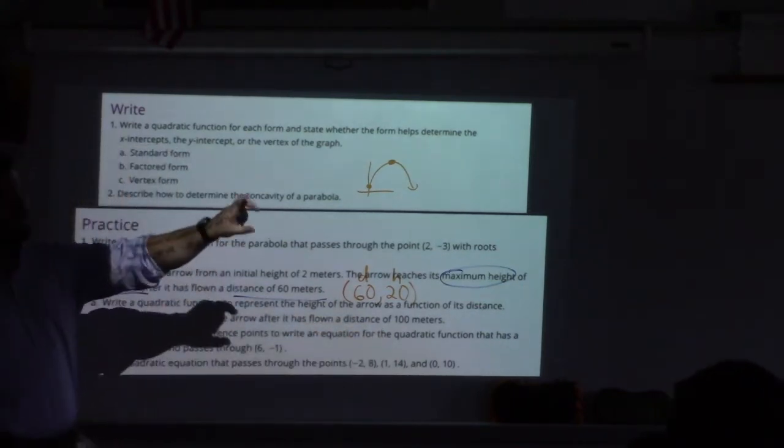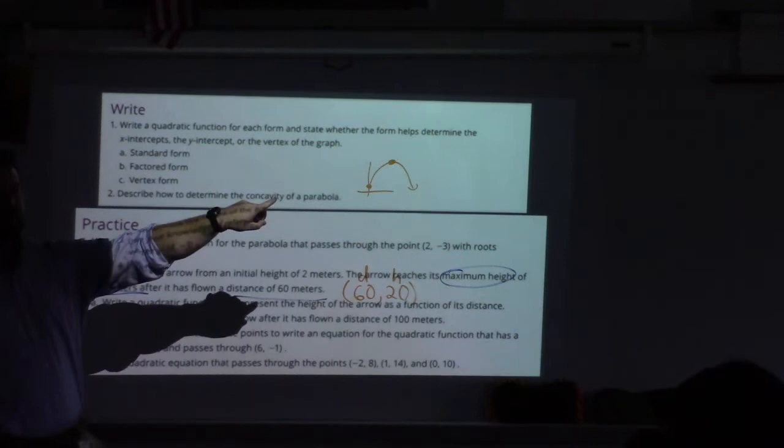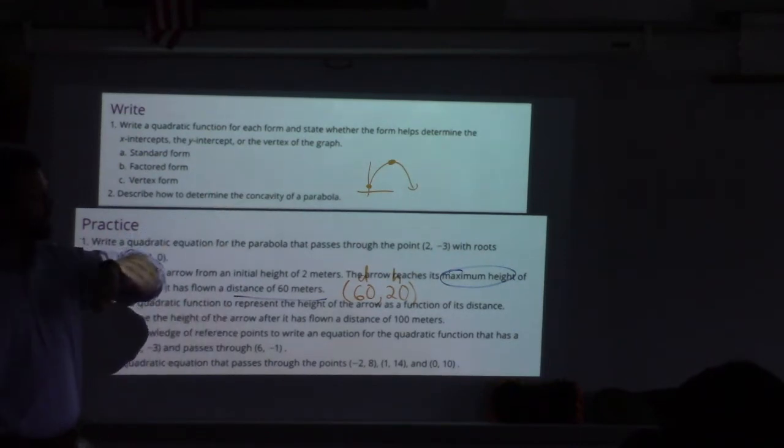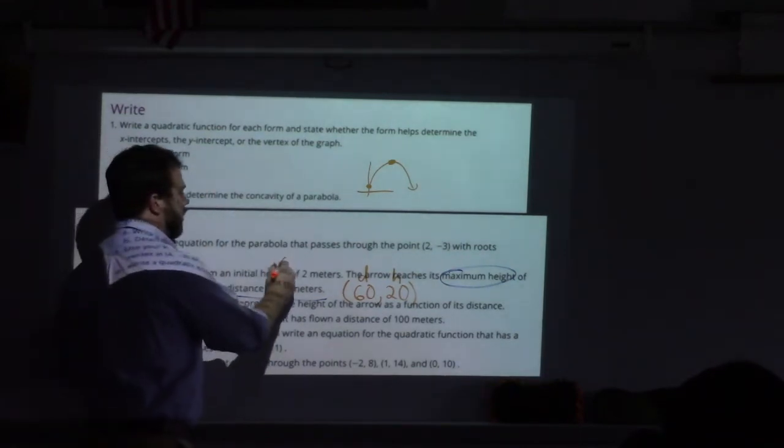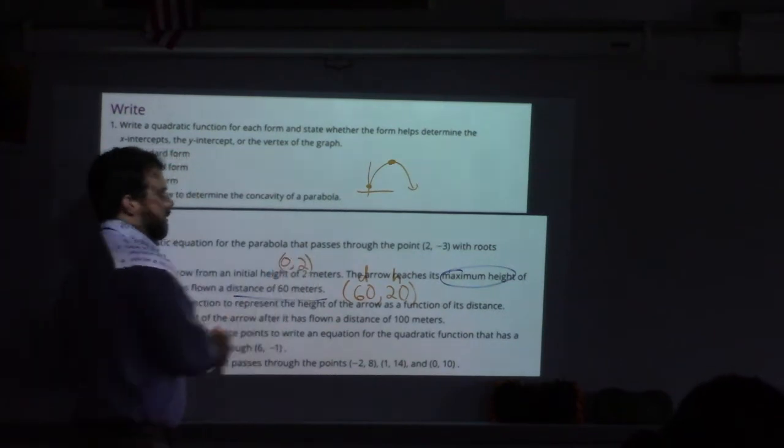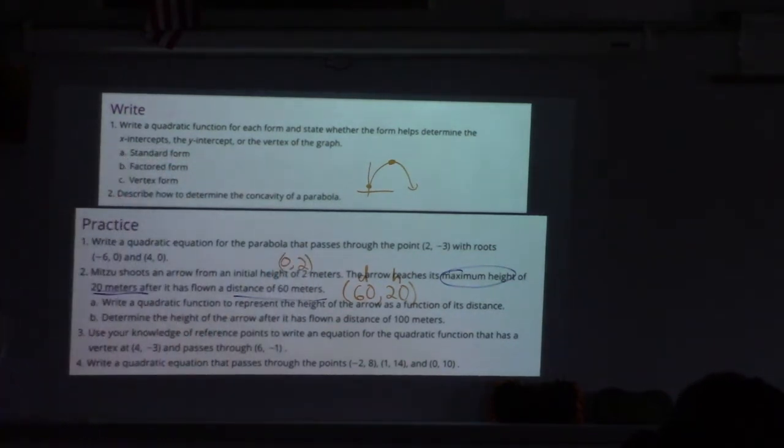But when you release that arrow, how far has it flown horizontally? 0. So it'd be 0, comma 2. So what point is that, Lexi? It's not the vertex, and I apologize if I misspoke. What point is that? The y-intercept. That's my y-intercept, right? So if I'm trying to write this quadratic function, what form should I be using?